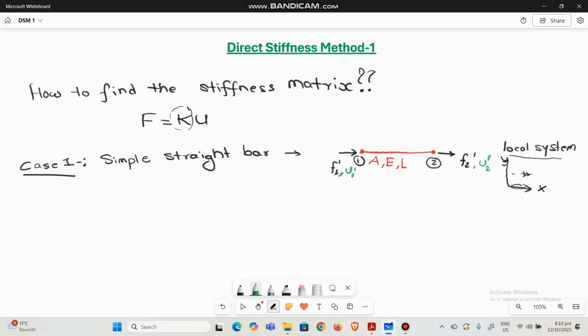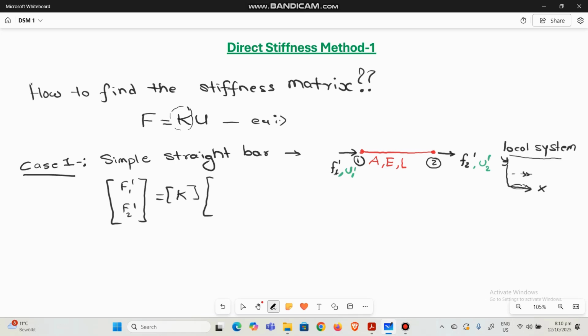Now if you have to use this formula, let's say this is equation 1, then you would say f1 dash, f2 dash, just collecting the forces for both the nodes, equals to some stiffness matrix, multiplied with the respective displacements u1 dash and u2 dash, right?